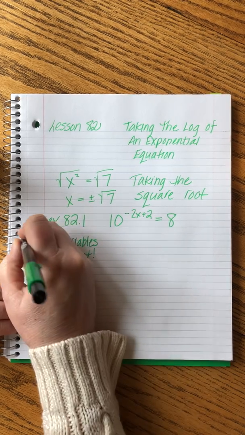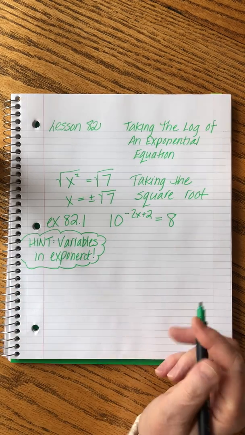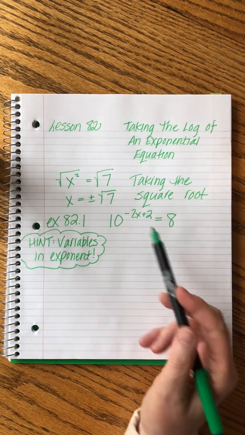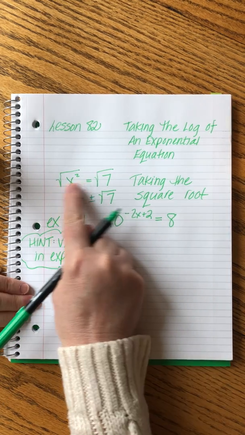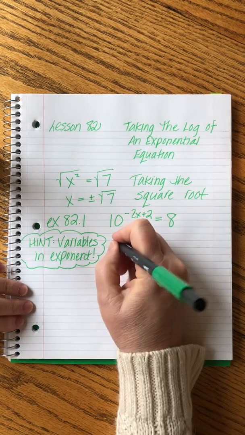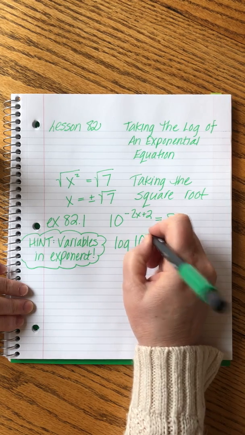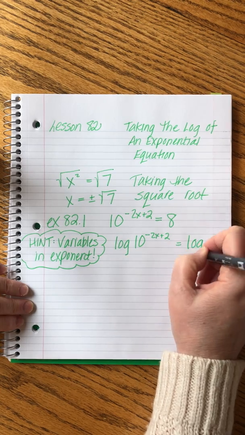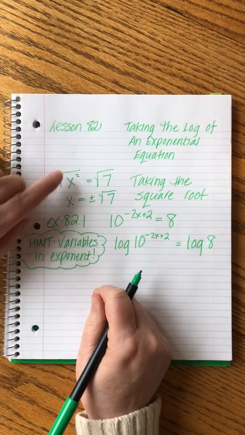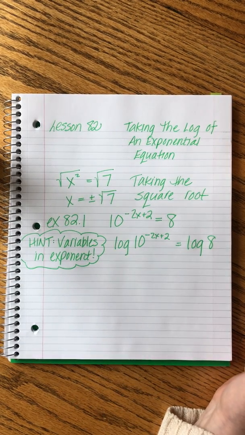That's what tells us we might want to take a log of both sides, because let's just see what it looks like. Just like we can introduce this symbol anytime we want, I can write log of 10 to the minus 2x plus 2 equals log of 8. Just like we have to take the square root of both sides, we have to take the log of both sides.